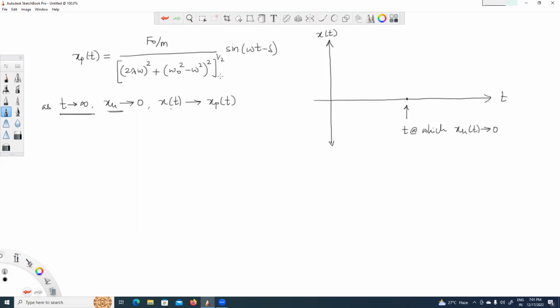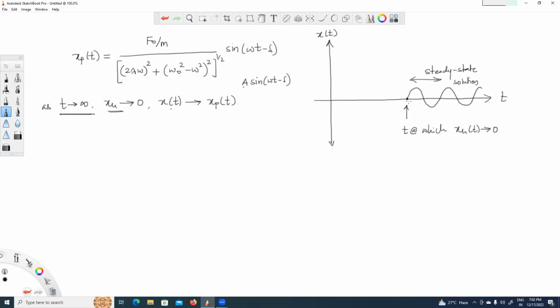And xp has the nature of sine of omega t minus delta. For simplicity, I'll just plot the sinusoidal curve, sine of omega t. It will keep oscillating like this, and this part of the solution is known as the steady state solution.